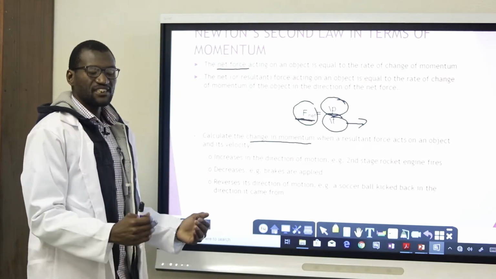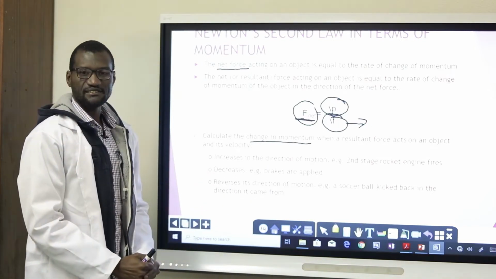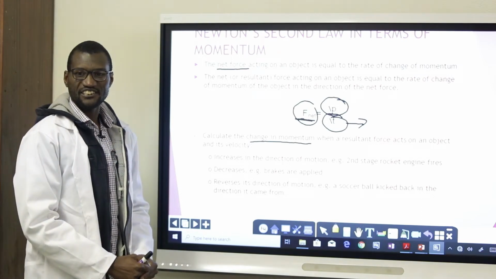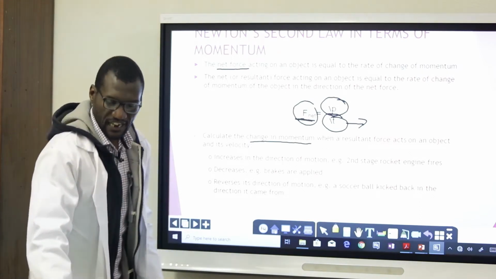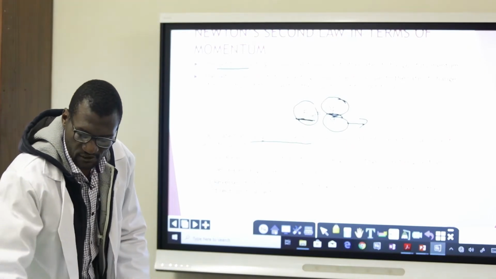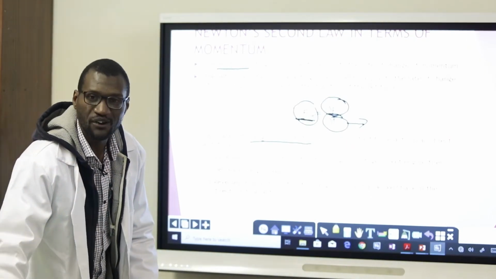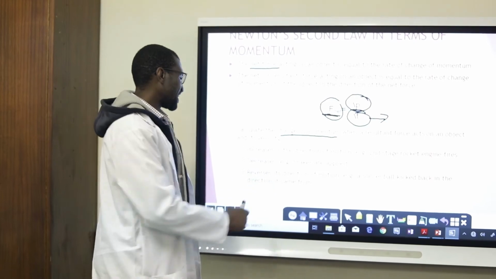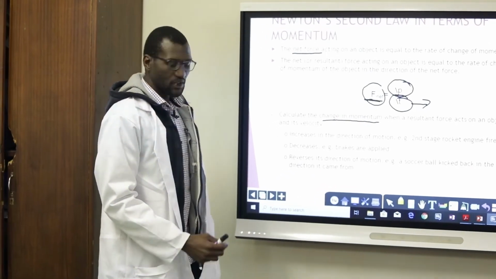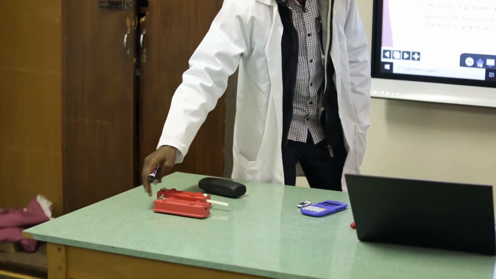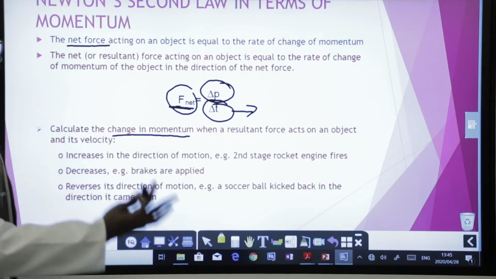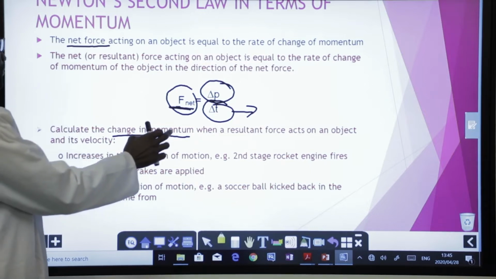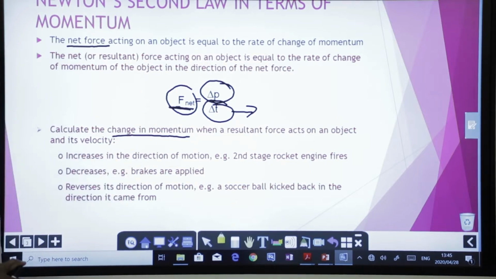Or when something decreases in velocity, it changes in momentum. Like, for example, when something is moving and brakes are applied, that is a decrease. Or when something is moving in one direction and then we change the direction, we have to think about how we can calculate the change in momentum.